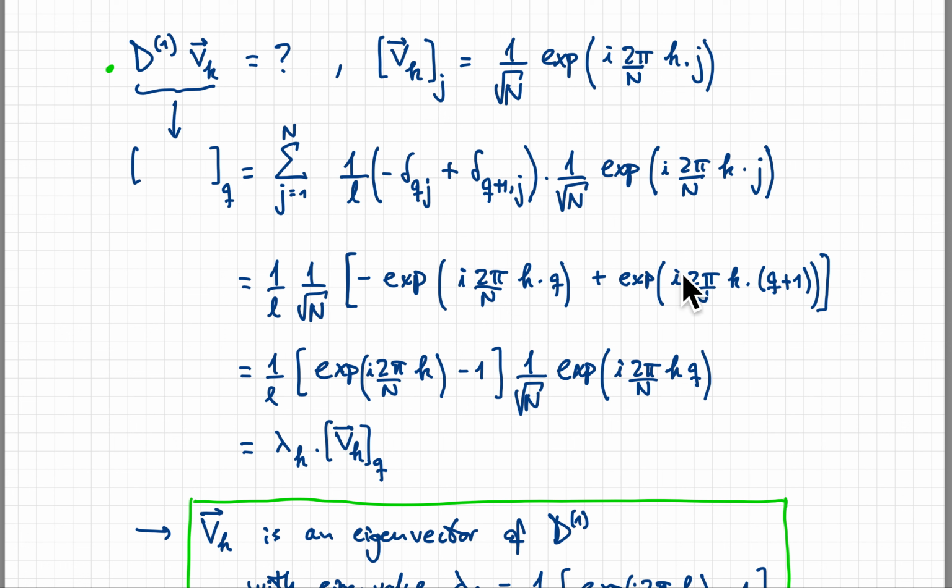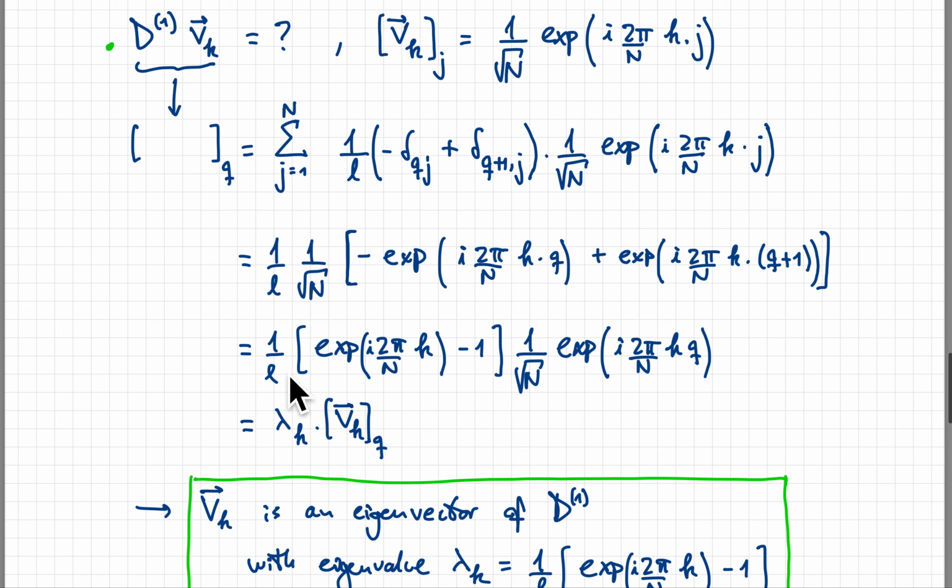Remember that the exponential of a sum is just a product of two separate things, one accounting for the q and one accounting for the plus 1. And the one accounting for the 1 is what I have here. And then this minus 1 comes from this minus sign here. And all that is simply multiplying the 1 over square root n exponential of i 2 pi over n k times q. So this is written like this on purpose. I reorganized the terms a little bit, but really there's very simple math here.